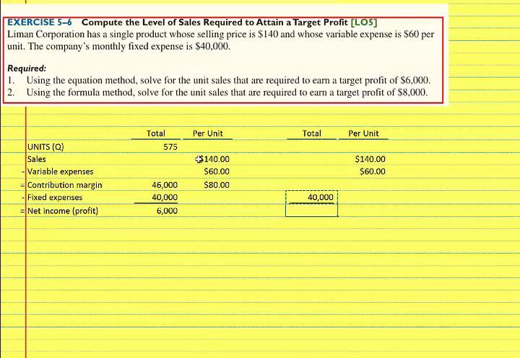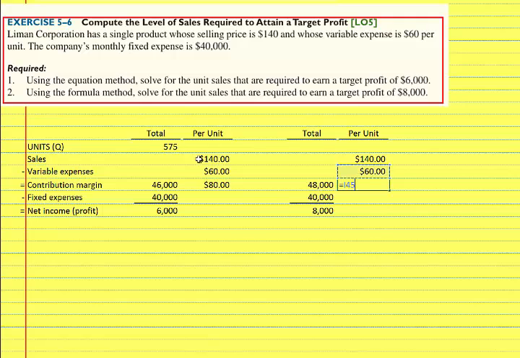So for requirement 2, we have 8,000 in target profit, and they add those two together to get my contribution margin. I say 40,000 plus 8,000, and that gives me 48,000 in contribution margin, total contribution margin.